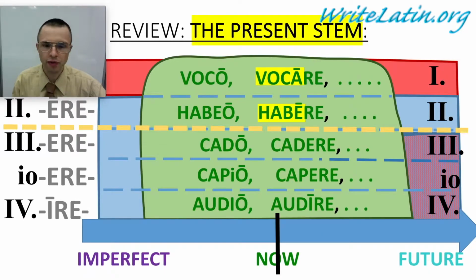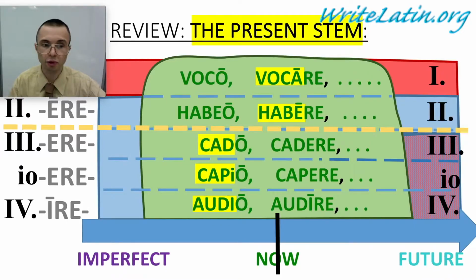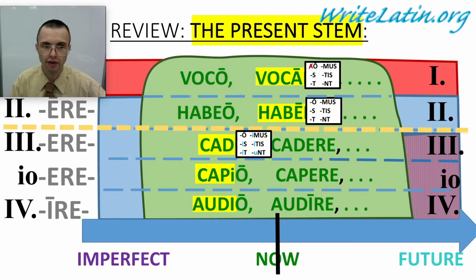The old standard rule is for the first 2 conjugations to take the second principal part minus re, and then for the remaining conjugations to take the first principal part minus o. But I told you that that is very confusing, and that a better rule to follow would just be to remember that these 5 conjugations follow the 5 rules: long A verbs, long E verbs, nothing verbs because the stem ends in nothing, short I verbs, and long I verbs.